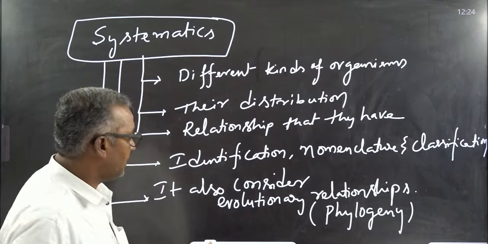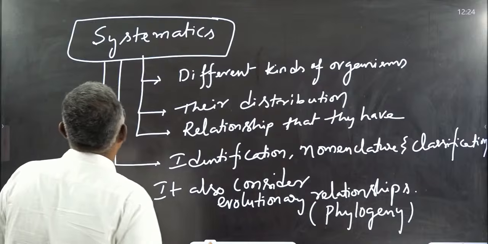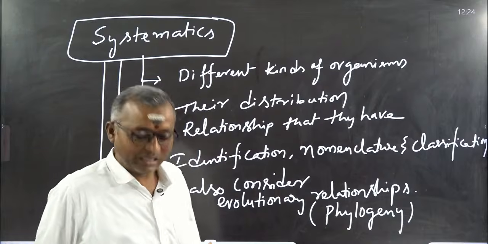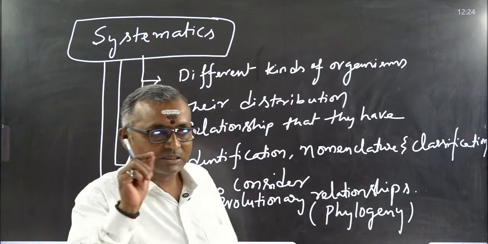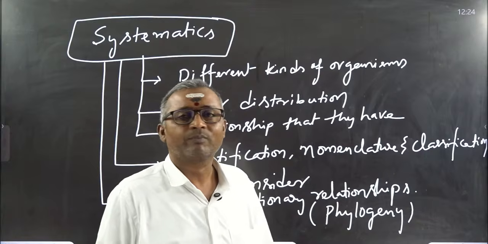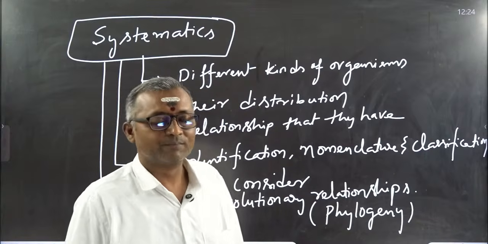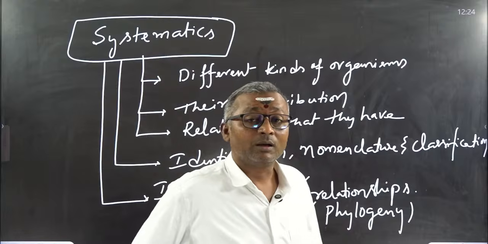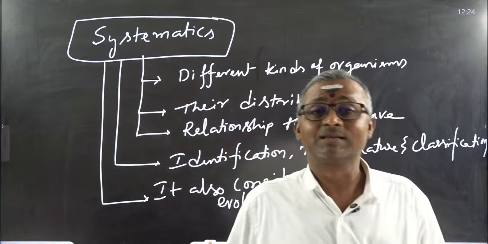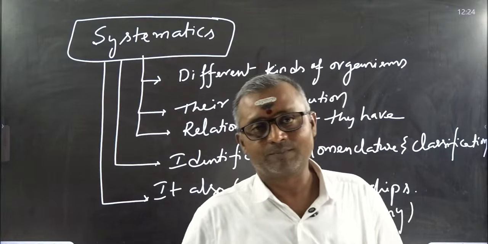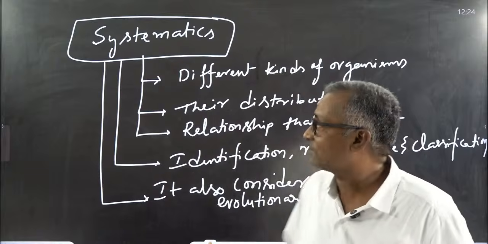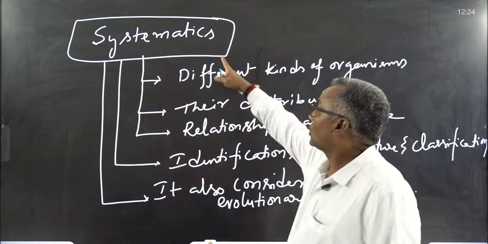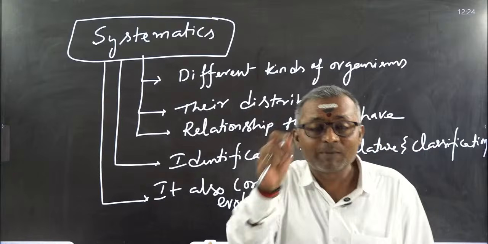And here you must know that the word systematics was first given by Linnaeus. Carolus von Linnaeus was the first man to use the term systematics.